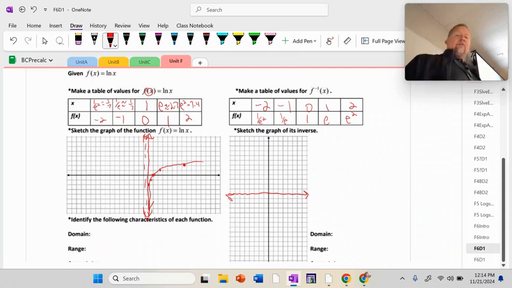We have enough space to graph these. I want everyone's graph to be in the same spot. So 0, 1, 1, comma, e 2.718, 2, comma, 7. And over here we have the small ones.